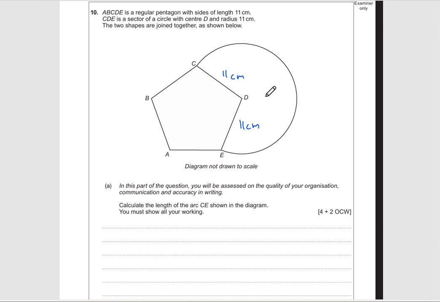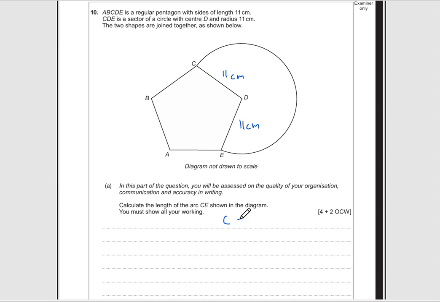So what we have here is the arc CE. Okay, that's obviously a fraction of the circumference of the circle, isn't it? So just a little reminder that the circumference of the circle, if we're given the radius, is going to be 2 pi r.